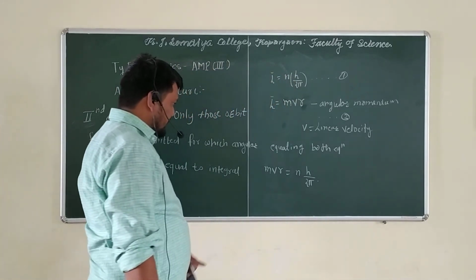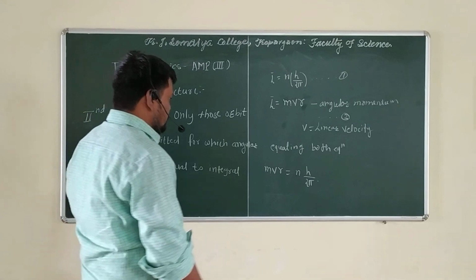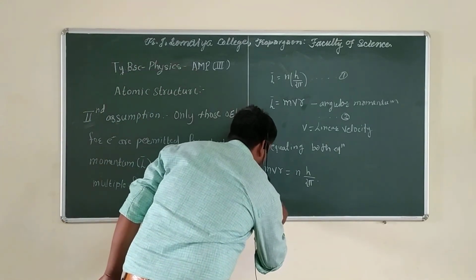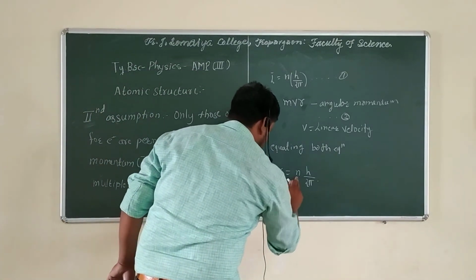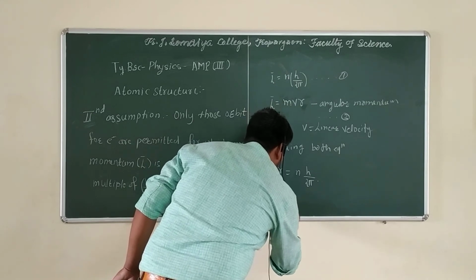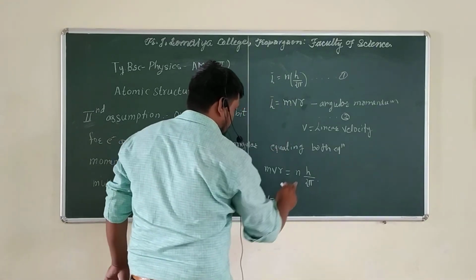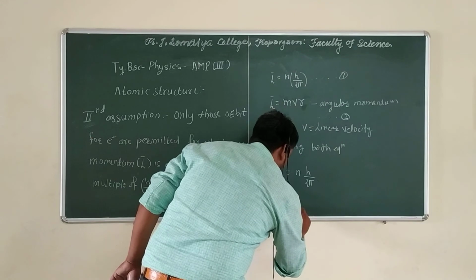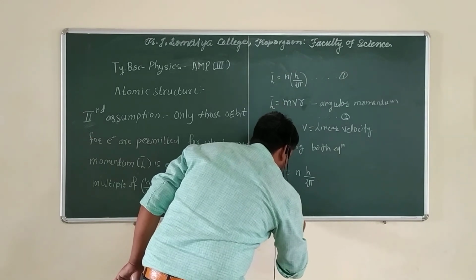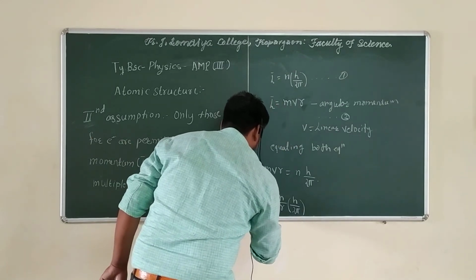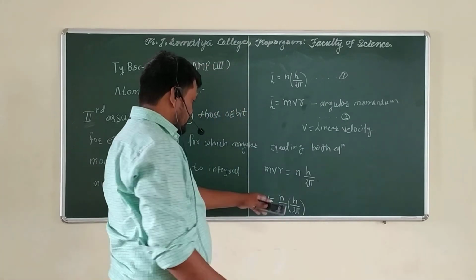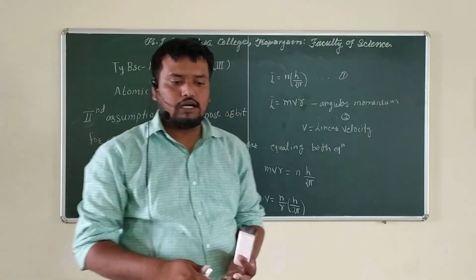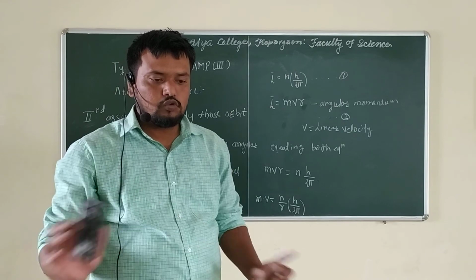So v is equal to n upon r into h upon 2 pi, with m there, so mv is equal to n upon r into h upon 2 pi.